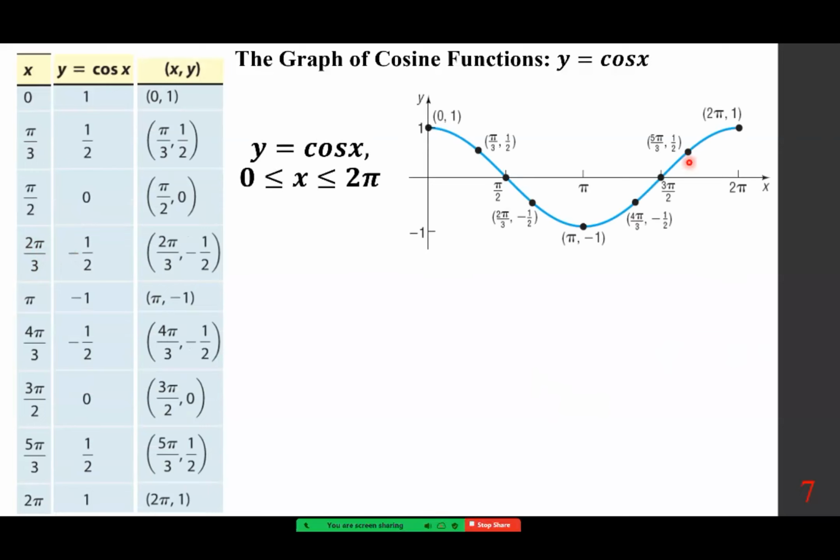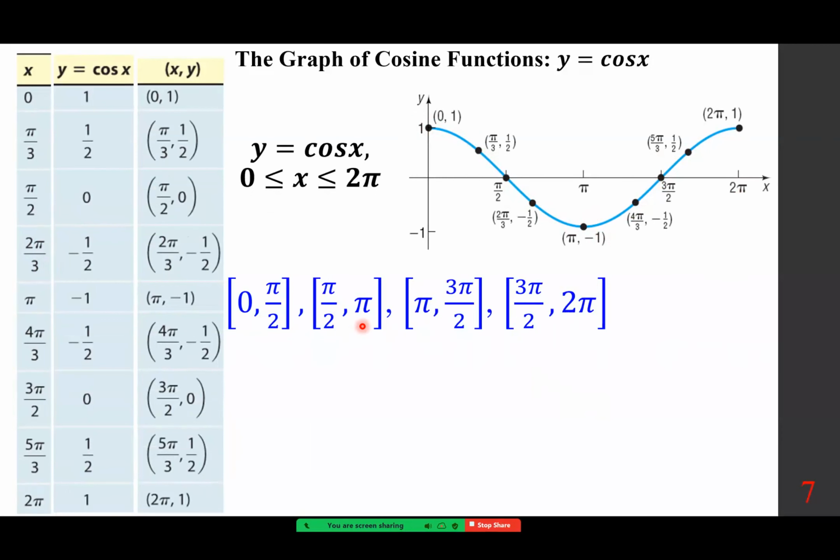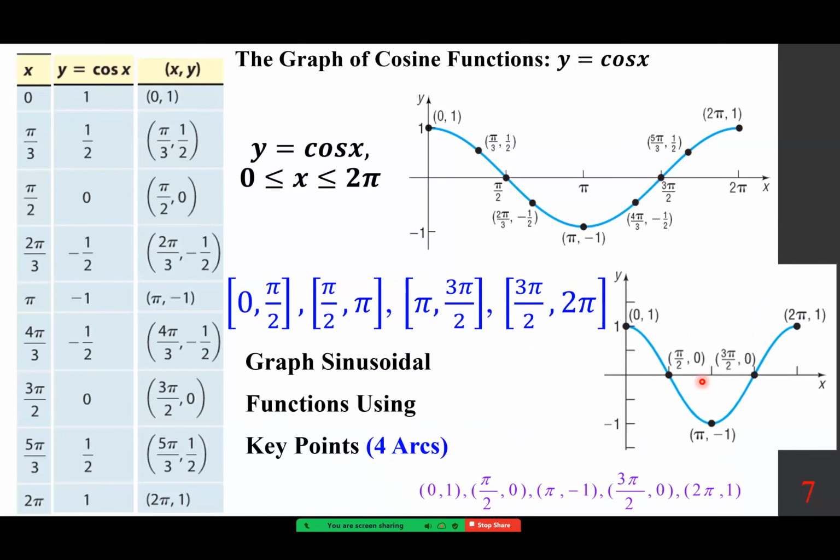This is a complete cycle. And I hope you notice again, we have 1, 2, 3, 4 pieces of arc. So again, you divide the 2 pi by 4, and it goes from 0 to pi over 2, pi over 2 to pi, and the rest of it. So using 4 arcs, we get those.